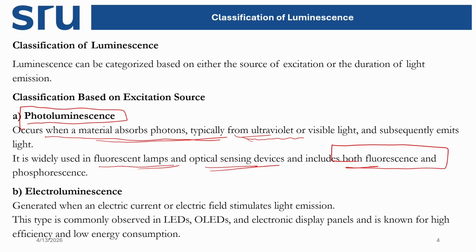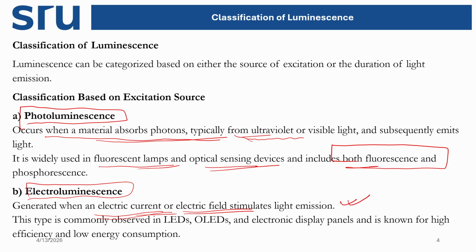So another type is called electroluminescence property. In electroluminescence, what we are doing is exciting the ground state electron to promote it into the higher energy state or excited state by means of an electric current or electric field. Then when we get the emission, we call it electroluminescence property.